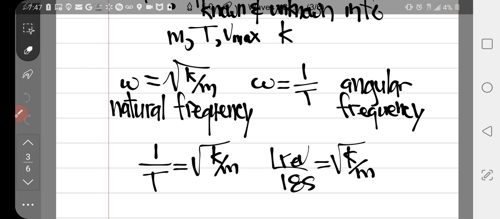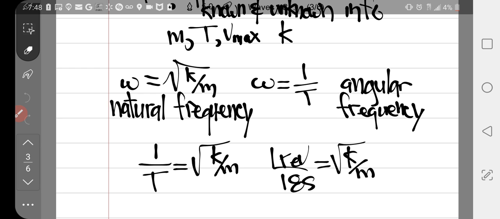Natural frequency, omega is square root of K over M. This is the basic natural frequency equation that you learn when you're talking about resonance and things vibrating. There are probably other equations that relate your mass and your stiffness, but this is the most basic that you learn.